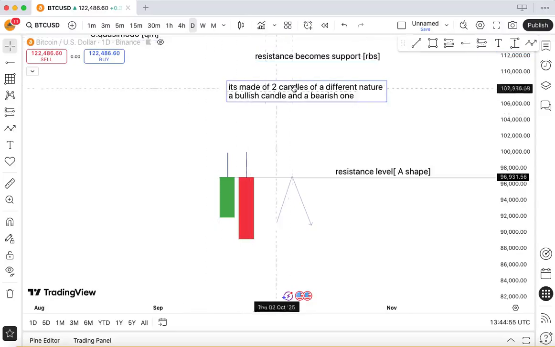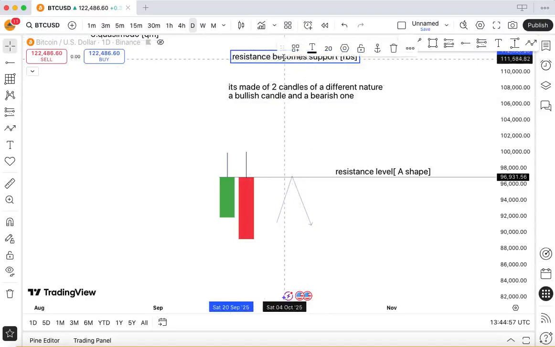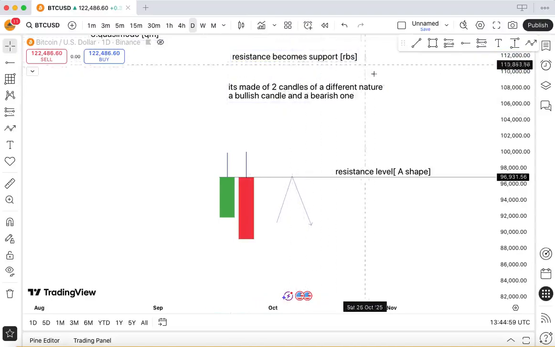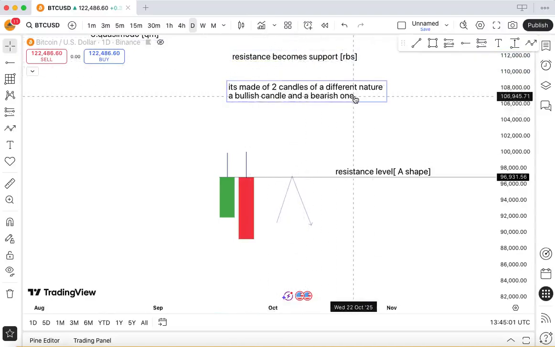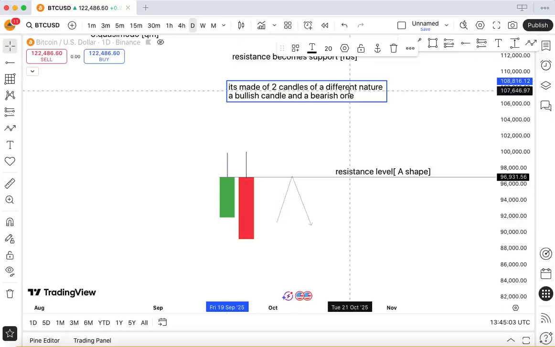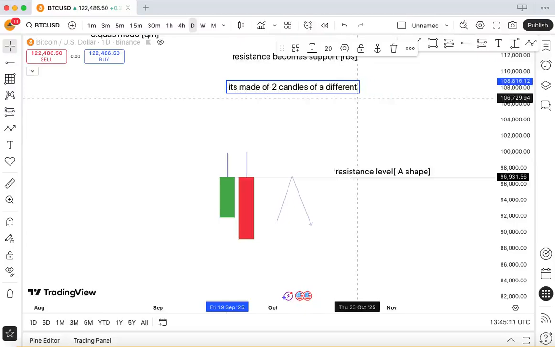Okay, so this is the resistance becomes support, or the RBS. Okay, so now, okay, no problem. I will still explain, and you will find somebody is not noting down this information. No problem. Do what you have to do, and I'm doing what I'm here for.